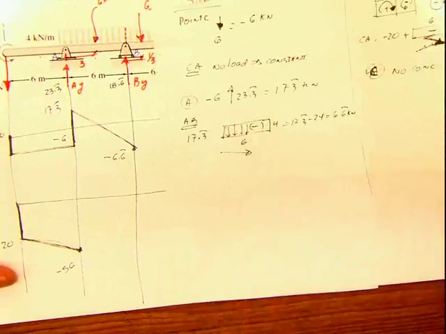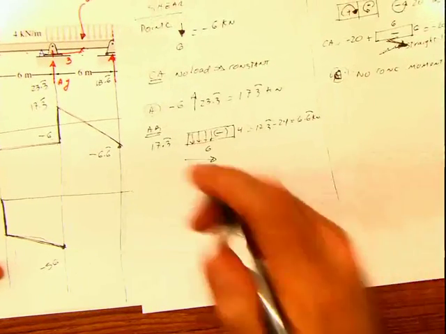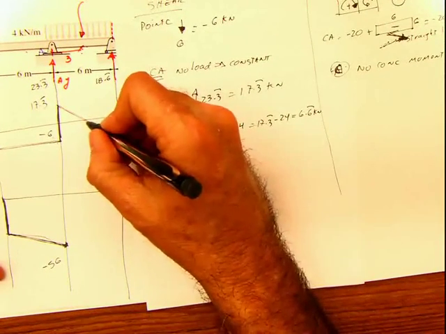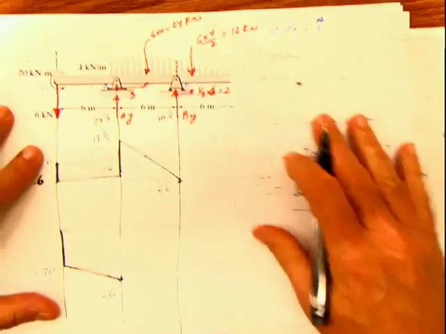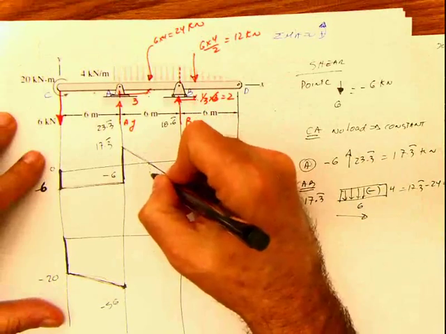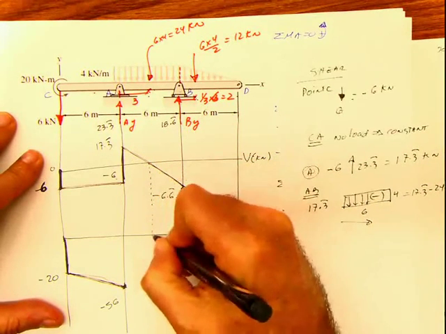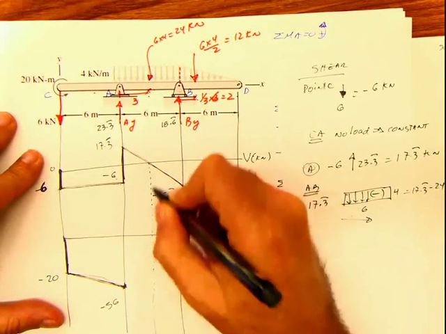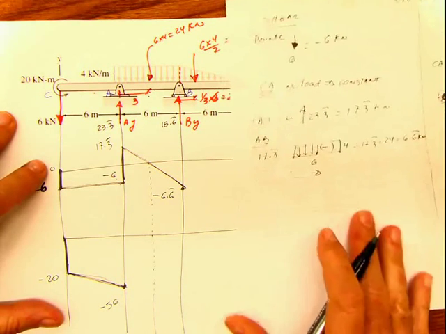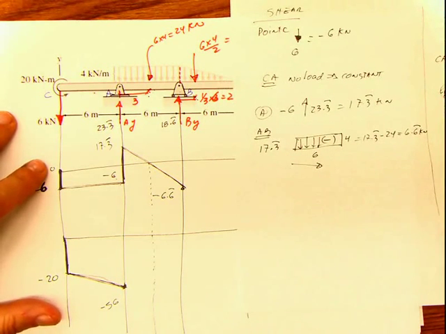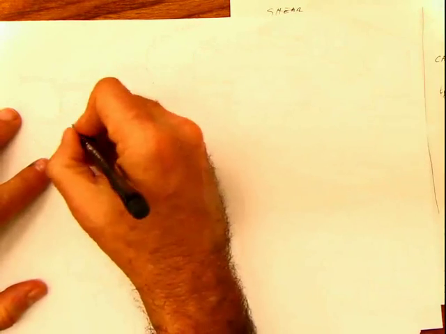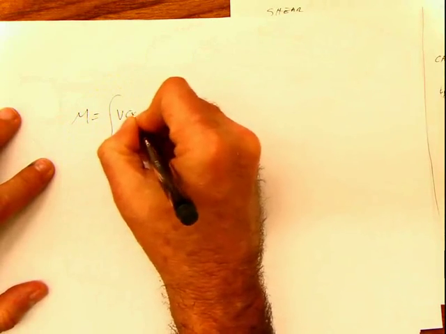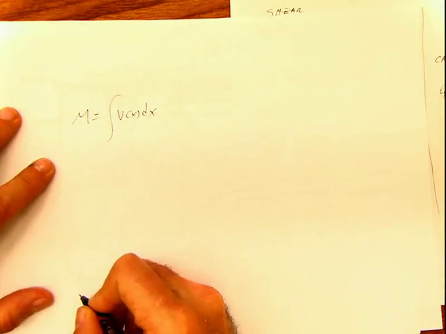And now we go to the moment. How do we calculate the moment? If we're going to calculate the moment by the areas, you have to remember that this is a point that is really important. Why is that point really important? Because the shear is 0. And if you remember the definition of shear, I know we are not working the integral part, but moment is the integral of the shear multiplied by the x.